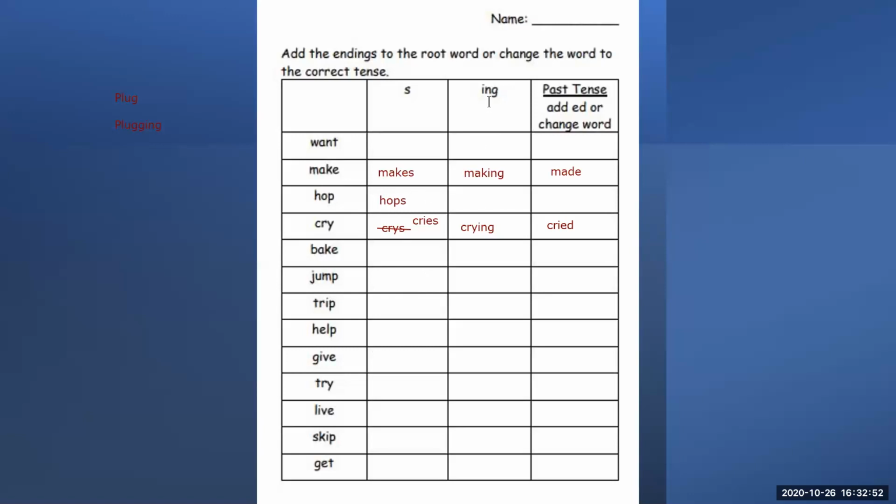However, when you come over here and you're adding the ing, if you do not add the other P, you now have the word hoping, with the E. With the word hope, you would drop the E and you would add ing.